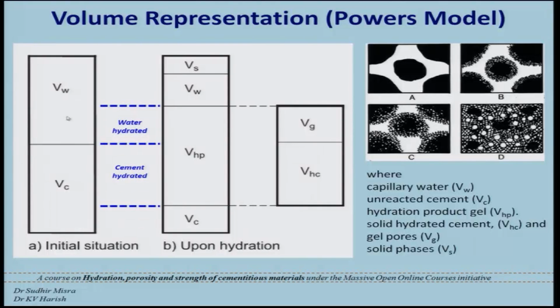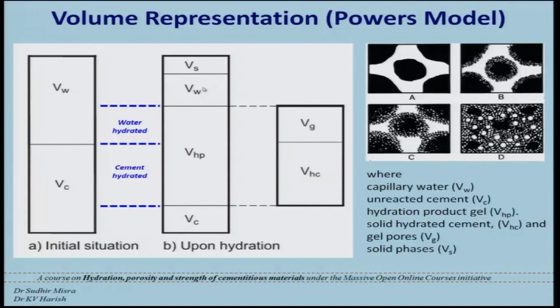So, the water from this portion reacts with this portion of cement and forms the hydration products. You basically have some cement that is unhydrated from the initial cement taken. Likewise, you also have some water which is not utilized in the hydration process.